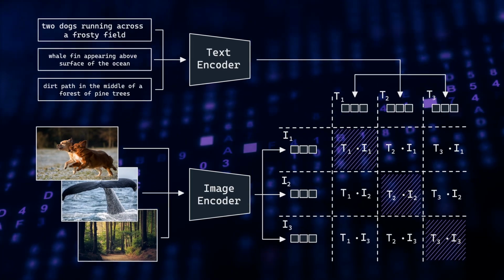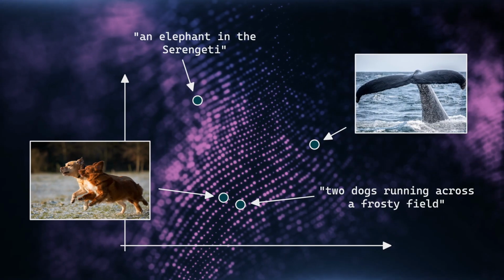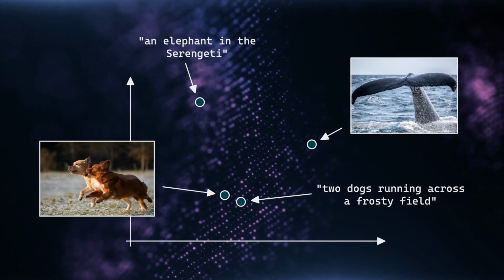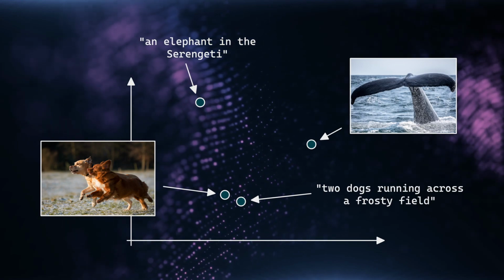Both of these models are optimized during training to encode similar text and image pairs into the same vector space, whilst also separating dissimilar text and image pairs so they are further away in vector space. So essentially in that vector space, similar items are together, whether they are images or text.